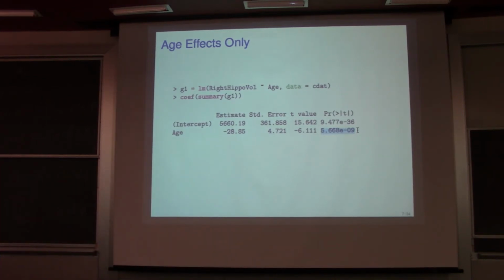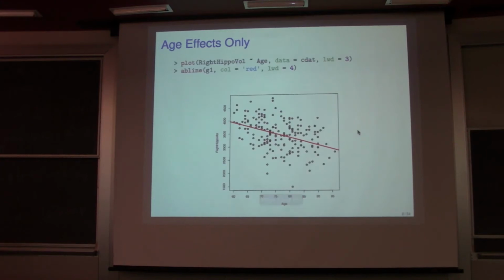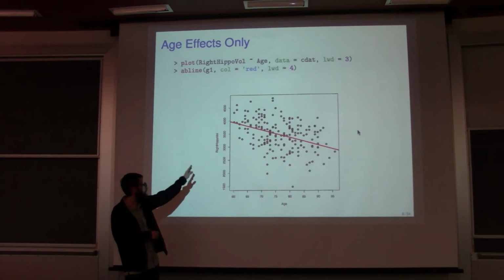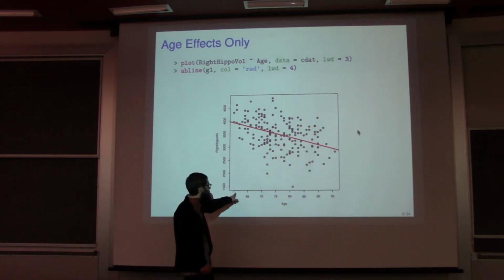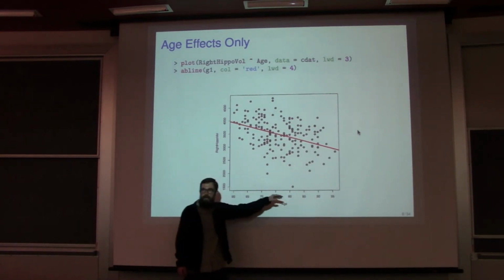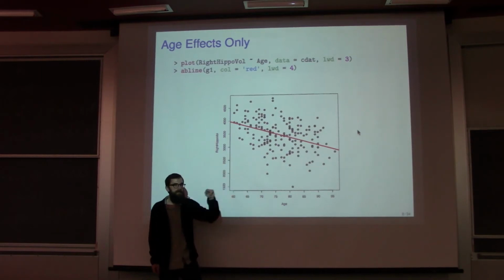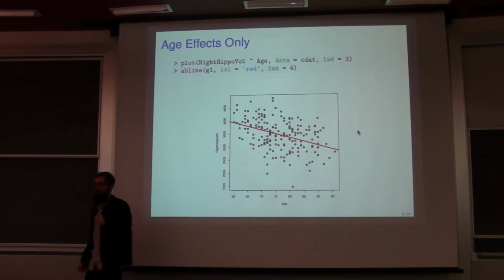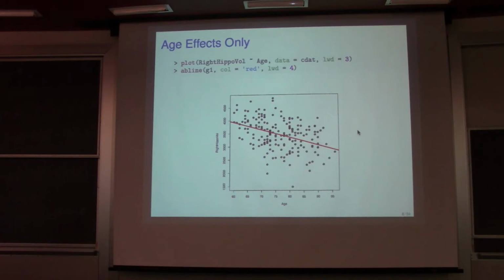So we're happy with this result, and we think let's go publish a paper about it. And here's if you plot it. The data set goes from 60 to 95 in age, and it does seem to make sense that there's a negative trend in hippocampal volume with age. And so the significance level makes sense there.